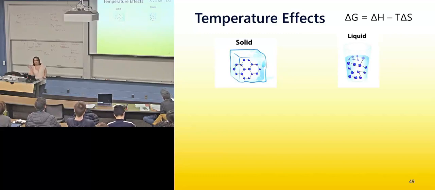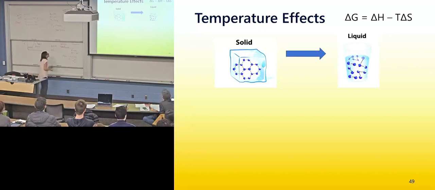Delta H is going to be positive, okay? It's absorbing heat from the environment. It's taking in heat in order to melt, okay? This is an endothermic process. Are we increasing the disorder of the molecules? So what's the sign of delta S? Positive. Okay.